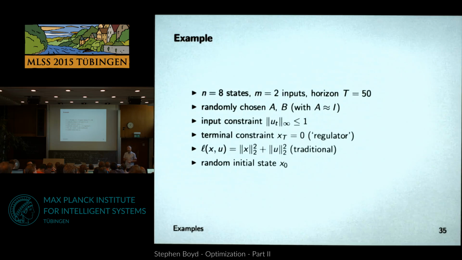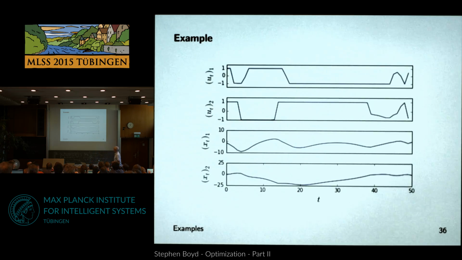So this says that at the end, you must be in your commanded state. And then we use a very traditional quadratic cost, this goes back 50 years. The inputs look something like this. You can see that they're slammed up against the limits much of the time, not all the time, but much of the time. And this shows you what the actual state trajectory is.